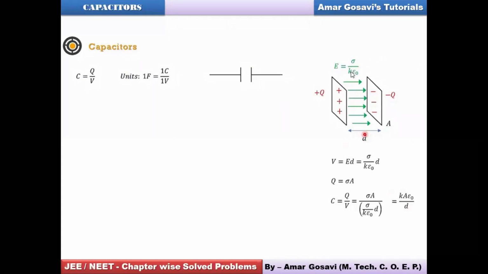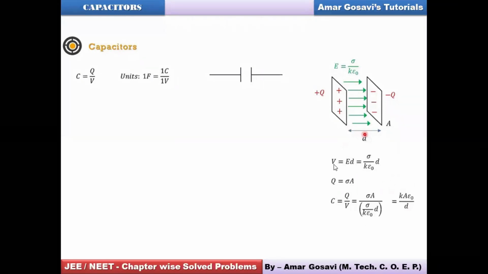K stands for the dielectric constant. If it is air, then K will be 1. Had it been another material between the two plates, you would have substituted the value of K accordingly. Epsilon naught stands for the permittivity of free space, that is vacuum or air. So this is the equation for electric intensity as per the application of Gauss theorem.